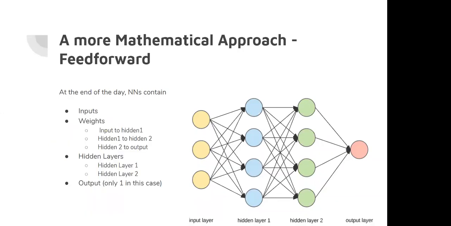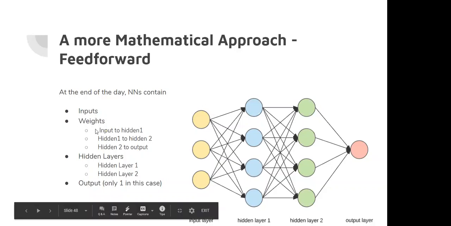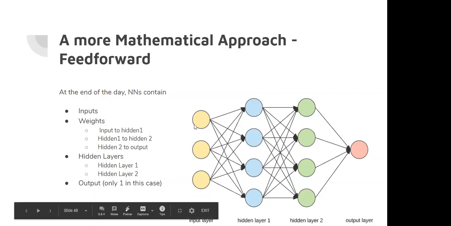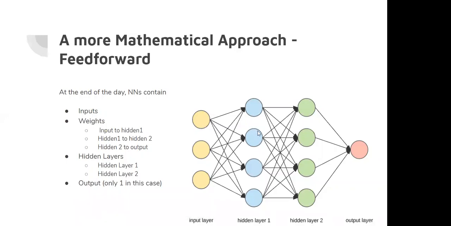So if you look at this, you have inputs, and you have three different kinds of weights now. It's not just one weight now. You have a whole weight matrix going on. You have input to hidden weights, then hidden layer 1 to hidden layer 2 weights.